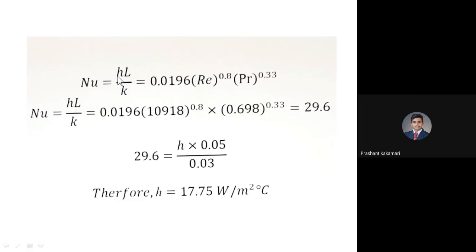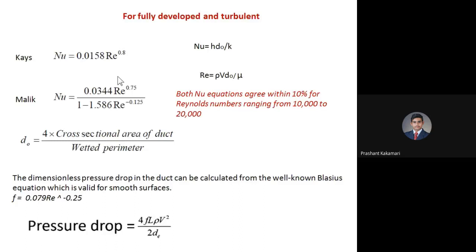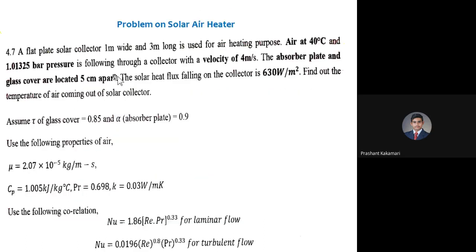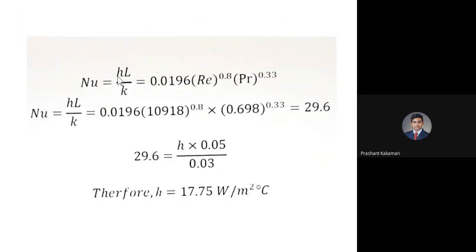And also I have told you, the Nusselt number can be written as hL by k or hD by k. This D is the diameter, but here we don't have a diameter, so we are taking the characteristic length. So in hL by k, h is the heat transfer coefficient between air and the plate, that is not given in the problem, that we need to find out.